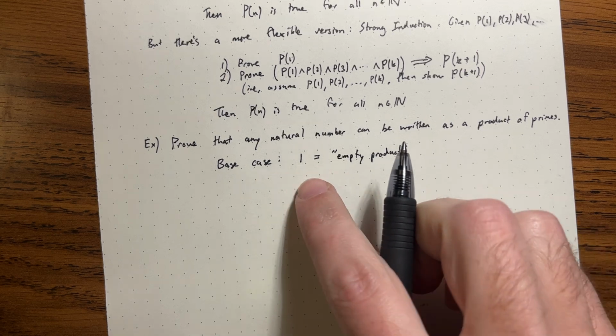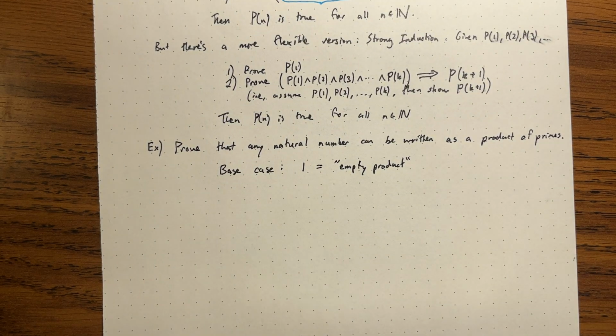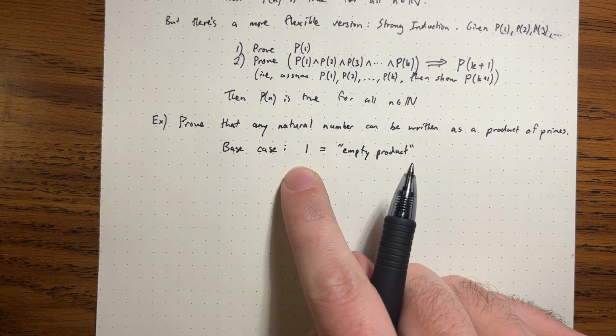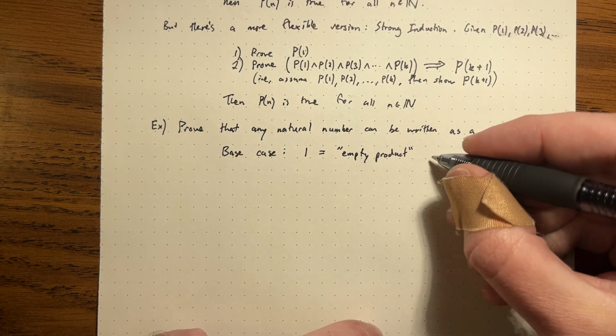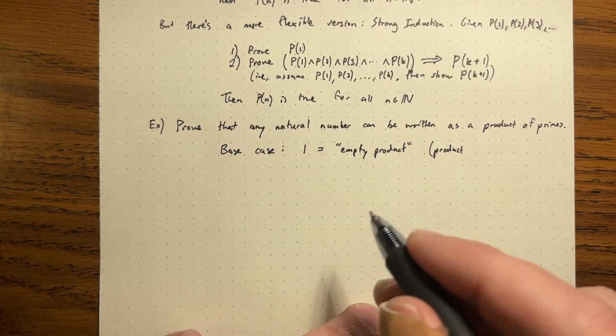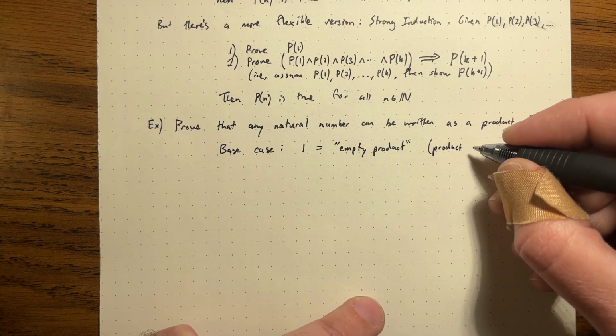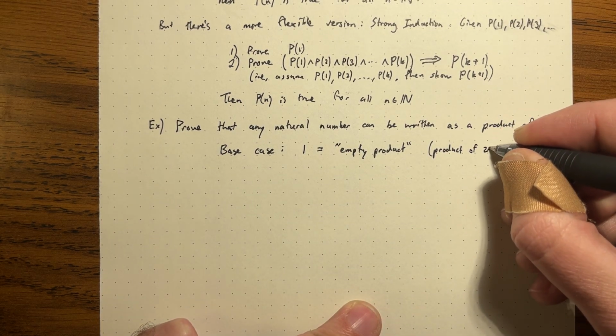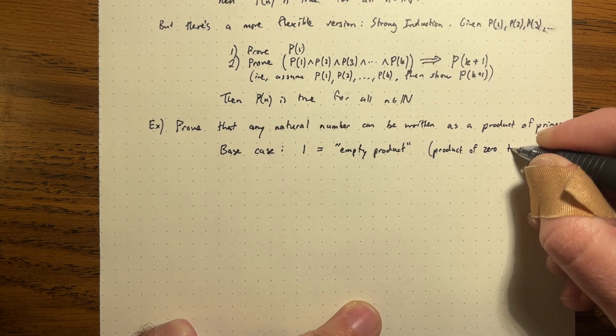It's before you start multiplying things into your product. 1 is the default, just like 0 is a sum of exactly no numbers. It's a default starting point when we're talking about sums. So 1 is a default starting point when we're talking about products. So yeah, that's fine. We'll say that works. If you really don't like this, you can do a higher base case like 2. But this is totally fine. So this is a product of 0 things, 0 terms.